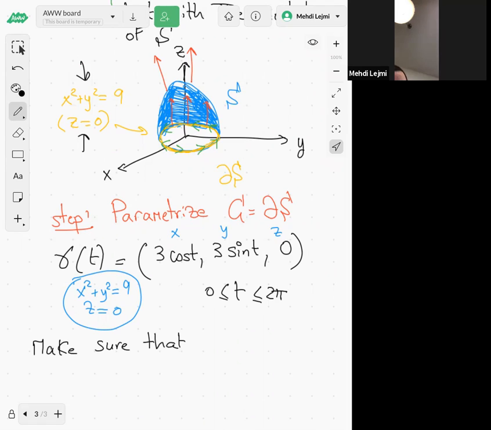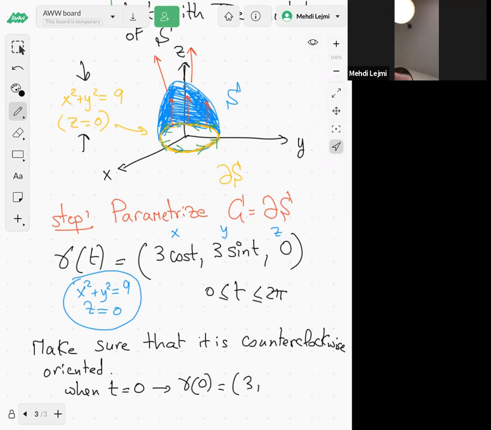For example, when t is 0, gamma of 0 would be the point 3, 0, 0. And when t is pi over 2, gamma of pi over 2 would be 0, 3, 0.